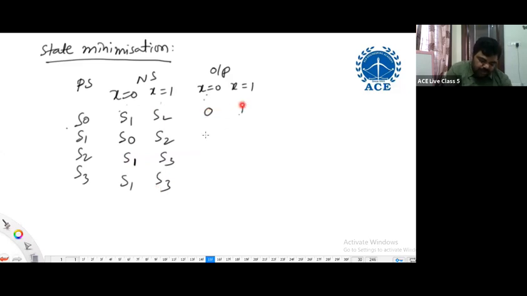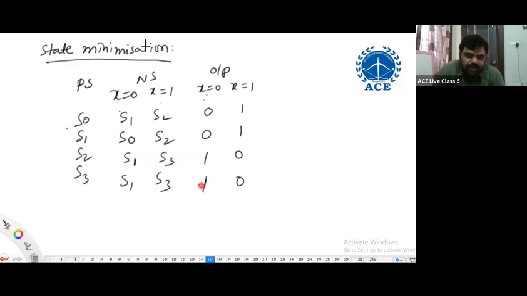Let me take the outputs like this: 0, 1, 0, 1, 0, 1, 0, 1, and here 1, 0, 1. For example, the state table is given like this.